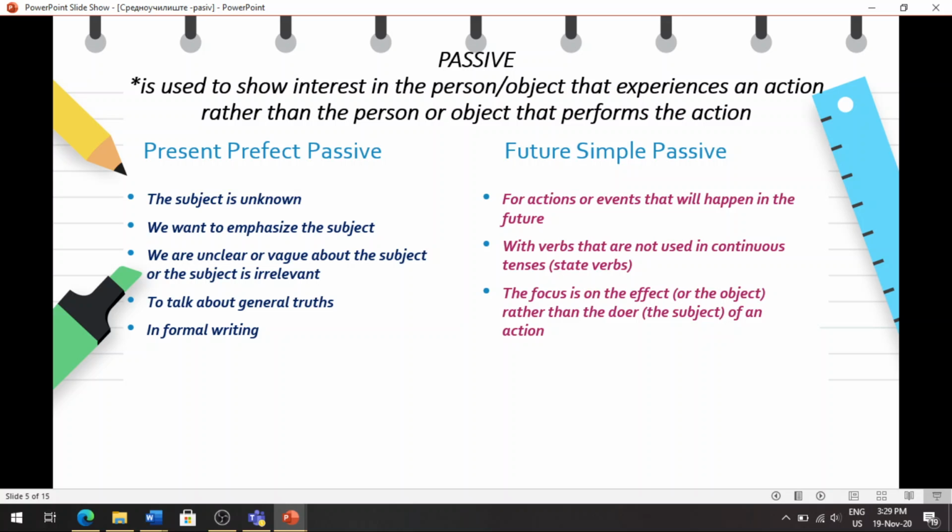For present perfect tense, the passive form has the same meaning as present perfect in the active voice, except that present perfect passive focuses on the effect or the object rather than the doer or the subject of an action.